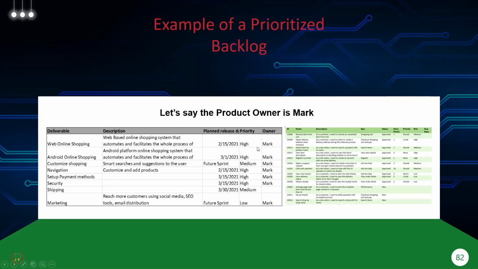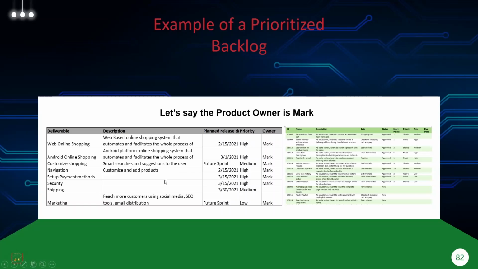And again, I don't want to dwell on this slide. This is just an example of a prioritized backlog. You can have the deliverables, you can have a description, and this is just being made in Excel. You can have other application lifecycle management tools. You have Jira version 1, which makes this a much cleaner process, right?